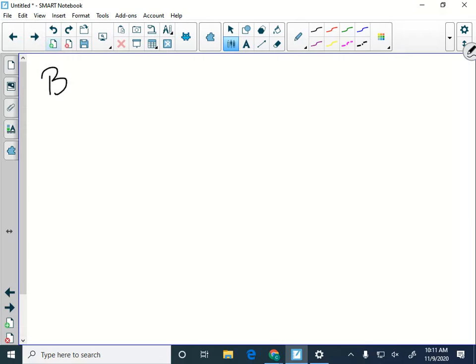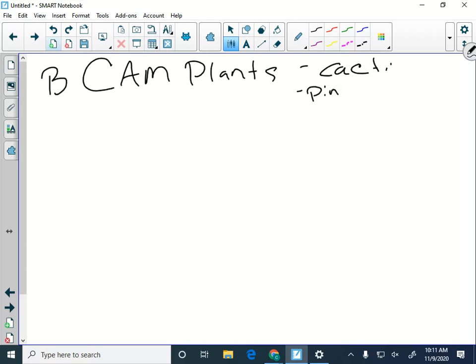So finally, we've got CAM plants. So our C4 plants were like grasses, corn, sugarcane. Our CAM plants are like cacti and pineapple trees.